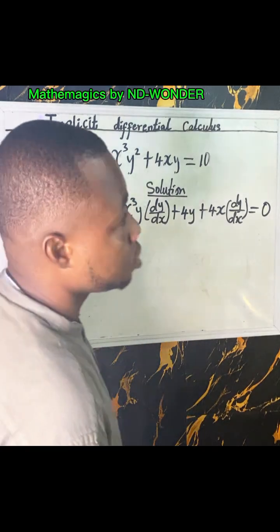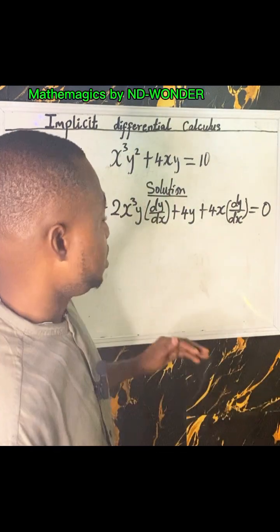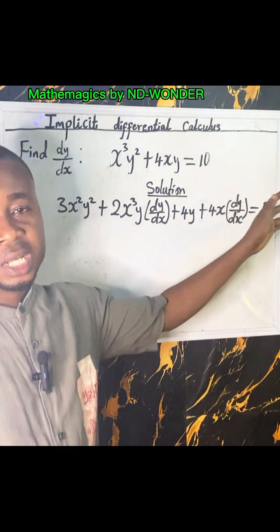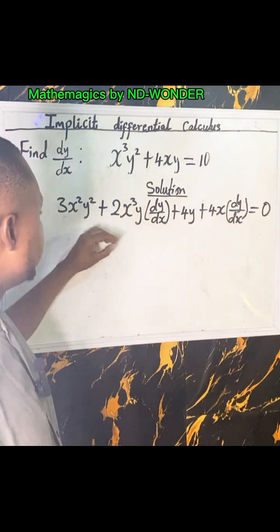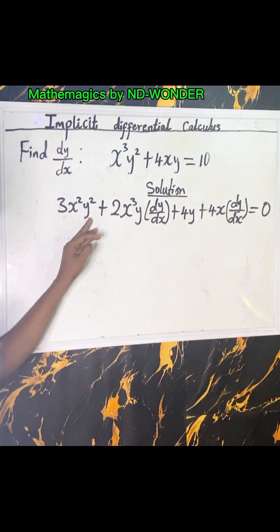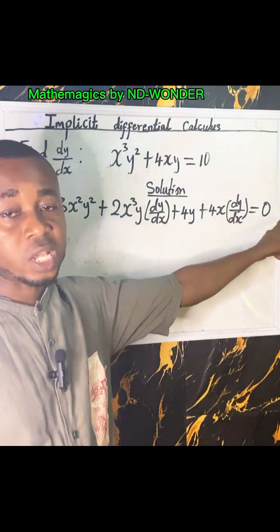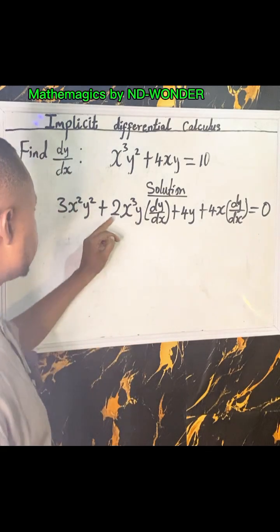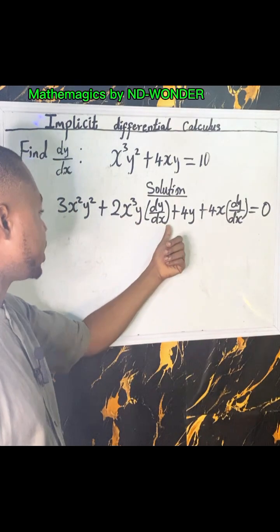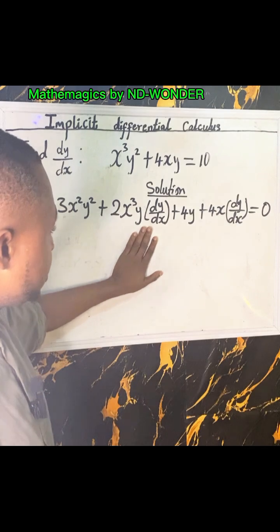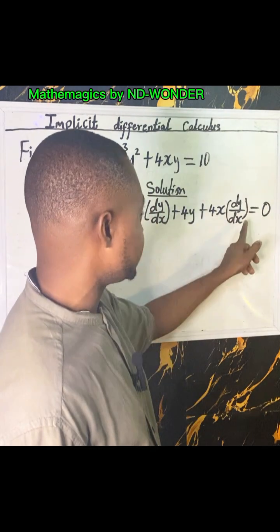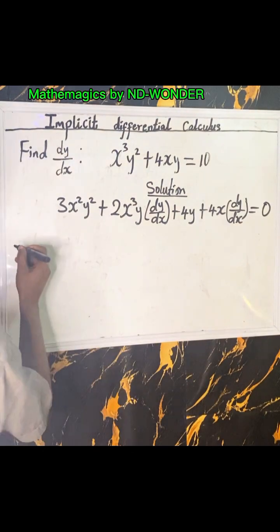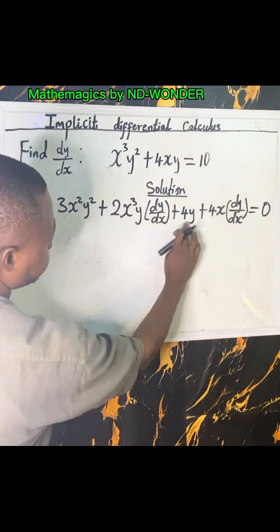The next you need to consider is the fact that every value that dy dx is not attached to, we move to the other side, we transpose. So at this point, 3x squared y squared will be subtracted from both sides. Then 4y will be subtracted from both sides. Then 2x cubed y, which dy dx is attached to, will be left here. Then 4x, which dy over dx is attached to, will be left here. That is the next approach. Subtract this from both sides.